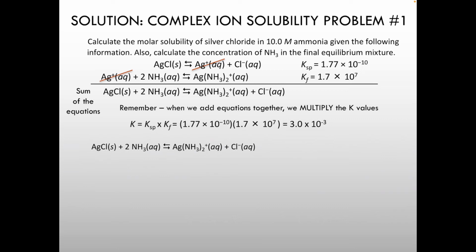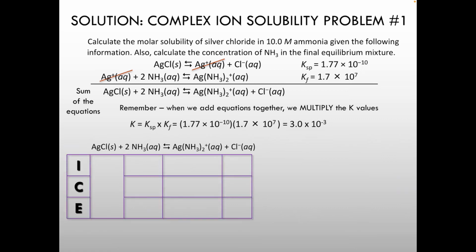Okay, so now here we go. We have our new reaction, we have our new K value, and we can go ahead and calculate our molar solubility. We're going to do this pretty much the exact same way as we've done before, except now instead of just having our solid on the left, we also have our ammonia on the left. So we have our initial concentration of our ammonia, but we have 0 of our complex ion and the chloride.